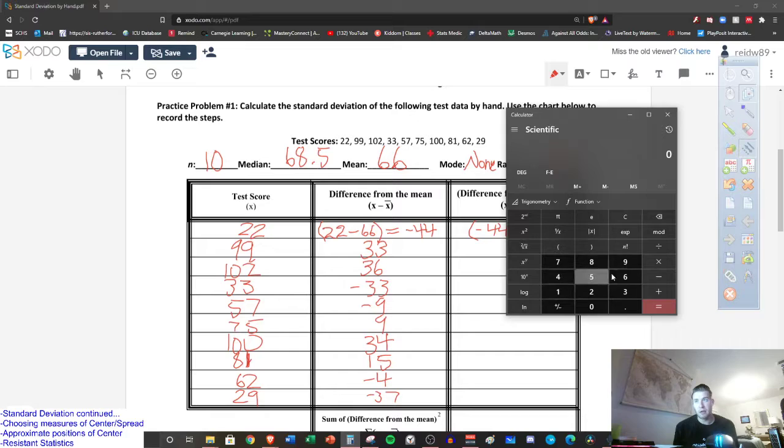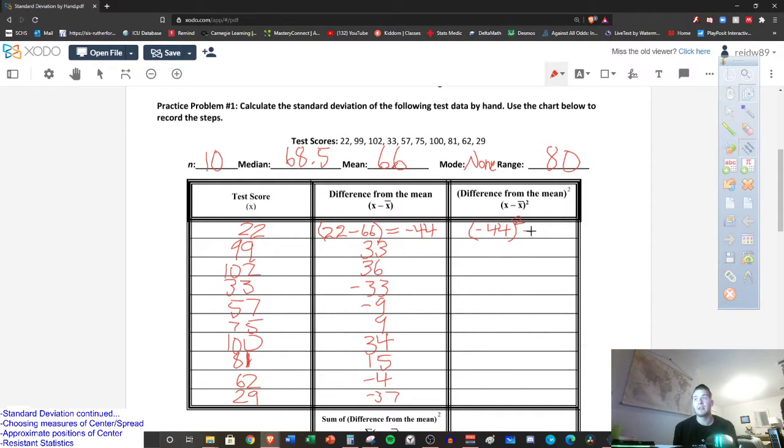I'll pull up a simple calculator. So 44, I need that to be negative, and I'm going to square it. That should be positive always. Usually you want to use parentheses, so I'd put 44 in parentheses and then square it. It's 1936.